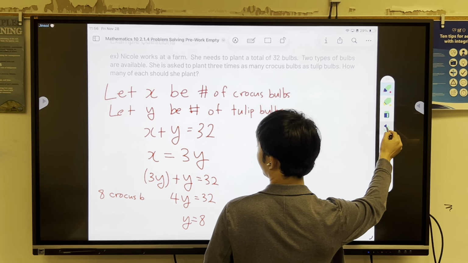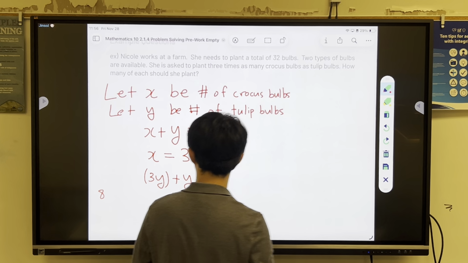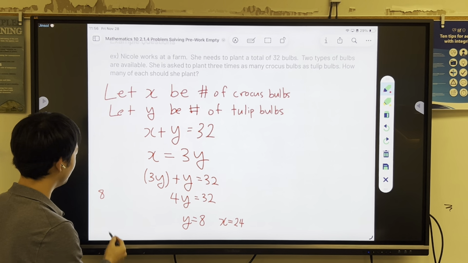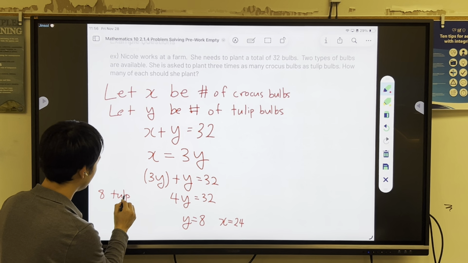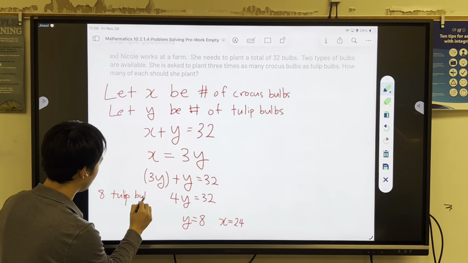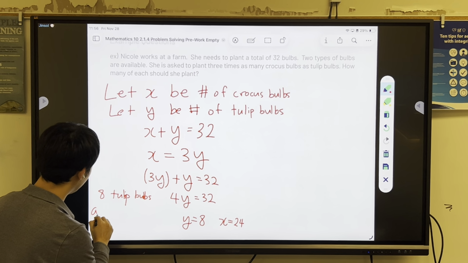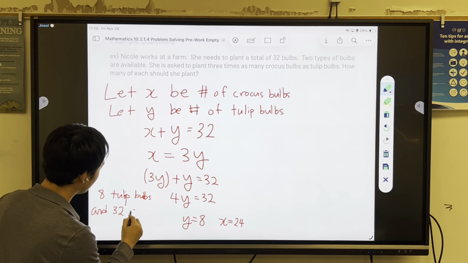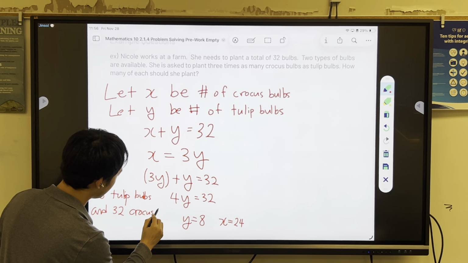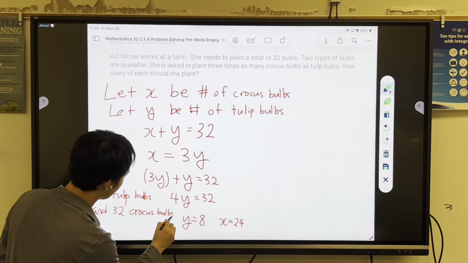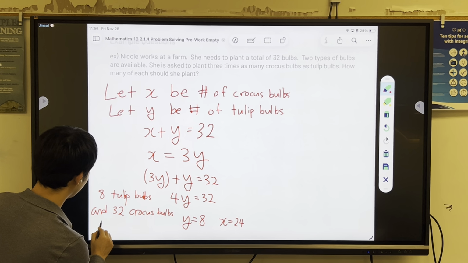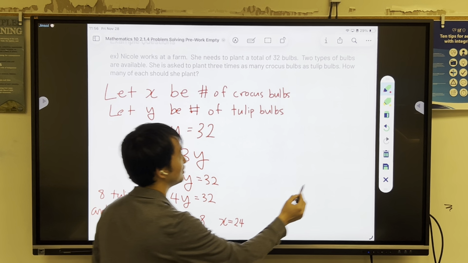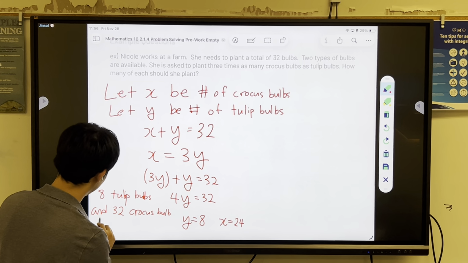See, that's why I declare the variables, so I can avoid that kind of mistake. y is the tulip bulbs, so I'd say 8 tulip bulbs and 24 crocus bulbs will be planted, or something like that.